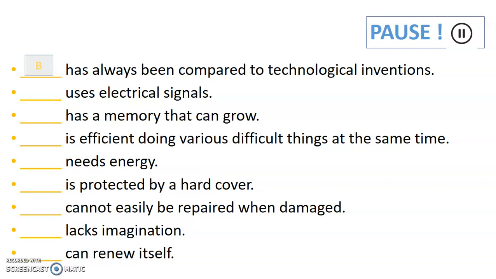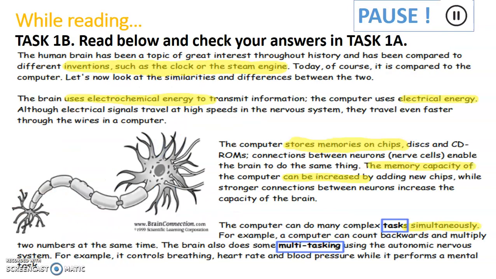Now continuing with the next bit, which is the reading text. So this is a while-reading exercise. You're going to read and check your answers in Task 1A according to the information in this text. Please read carefully, take notes. Some parts are highlighted, as you see.